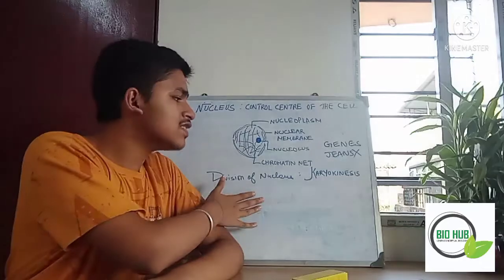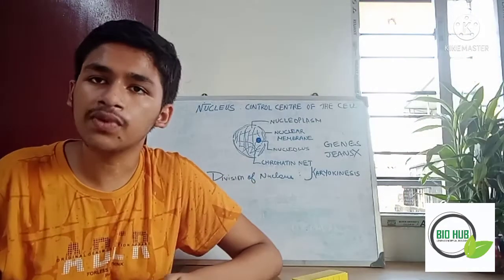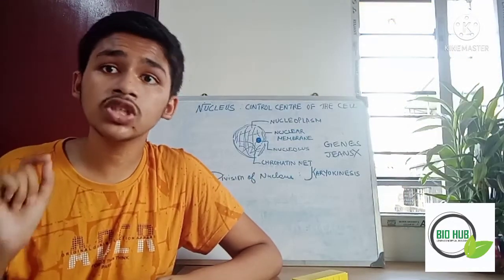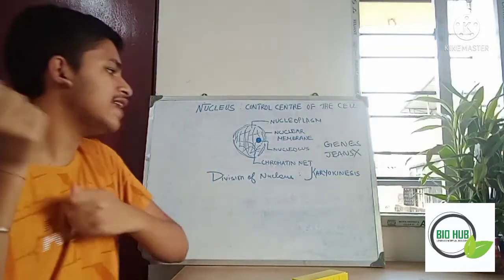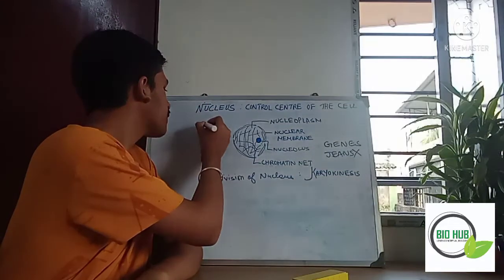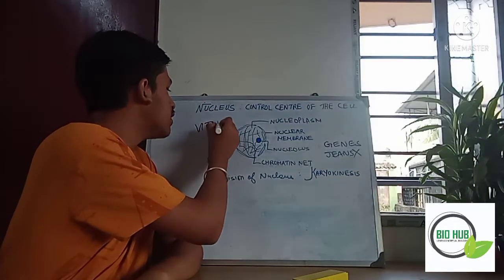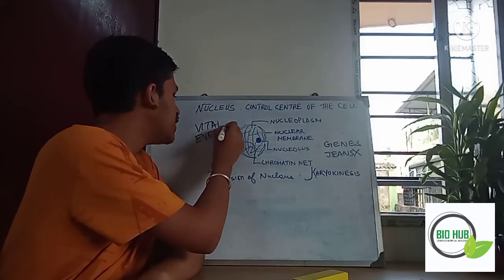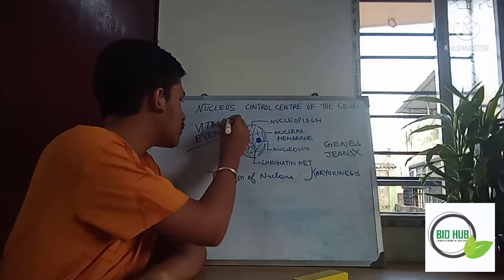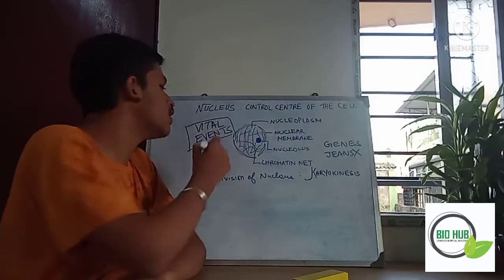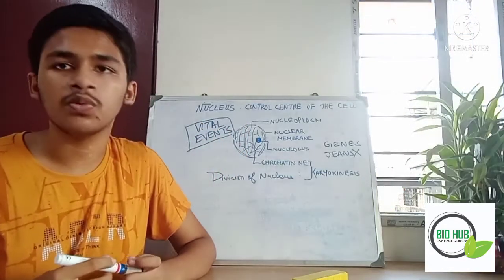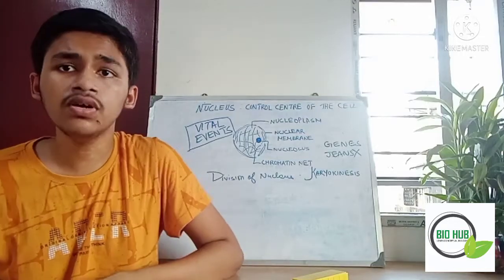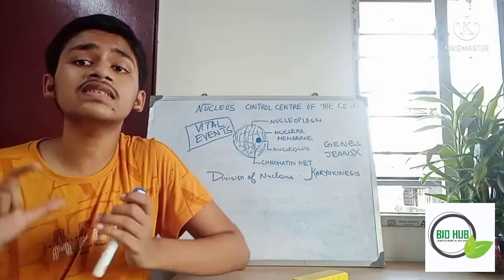The main function of the nucleus is that it carries out all the vital events in a cell. Please underline this word, box it, or highlight it, whatever you want to do. Vital events. This is a key word.